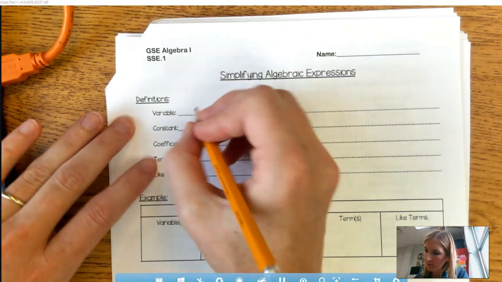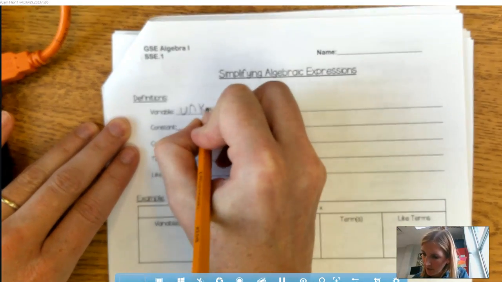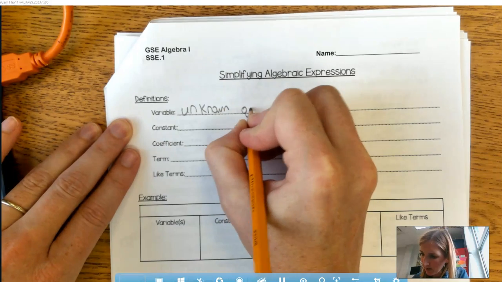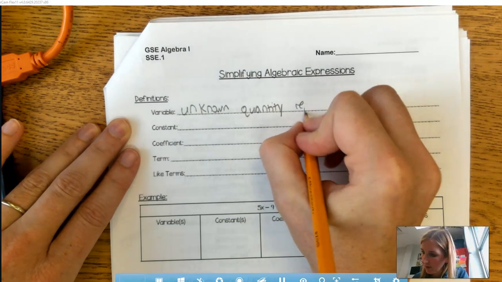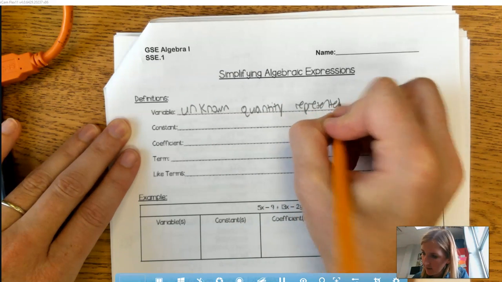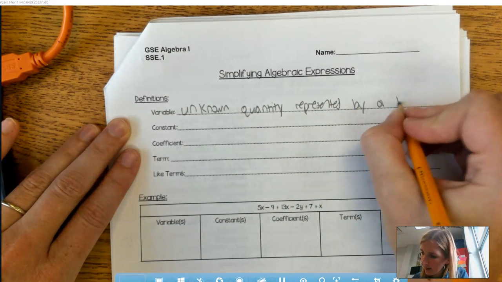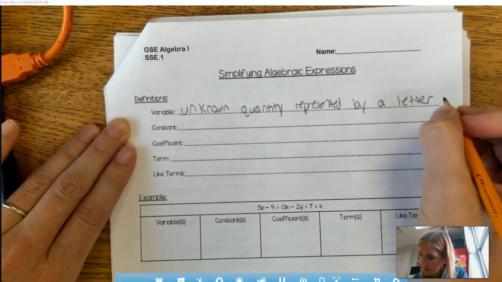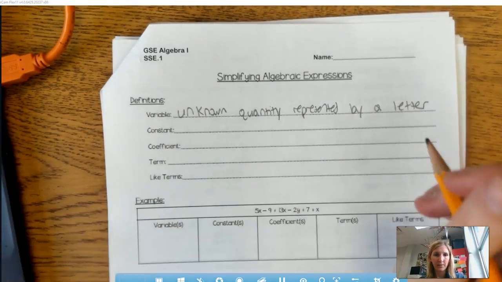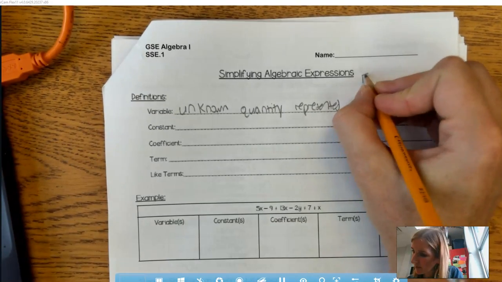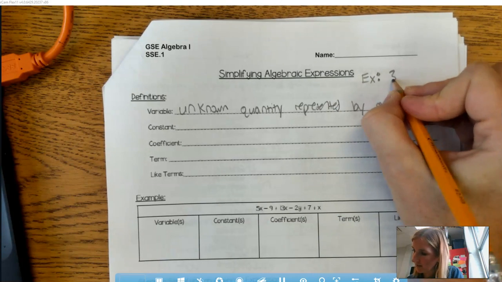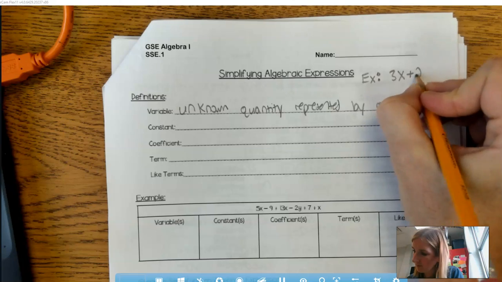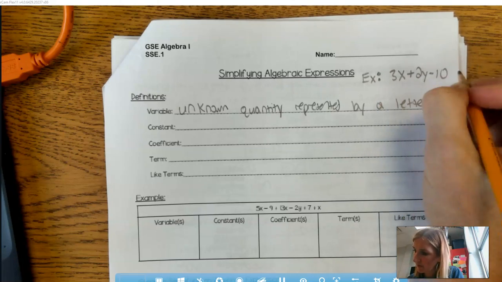Okay, so a variable is an unknown quantity or an unknown number represented by a letter. All right. Go ahead and put an example right here that we can reference. So our example is going to be 3x plus 2y minus 10.